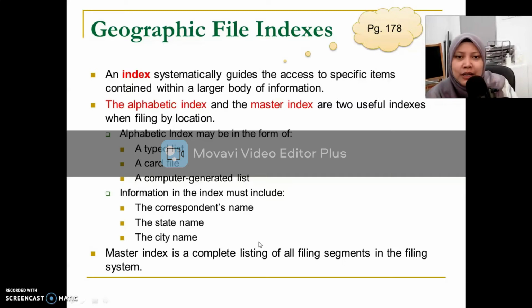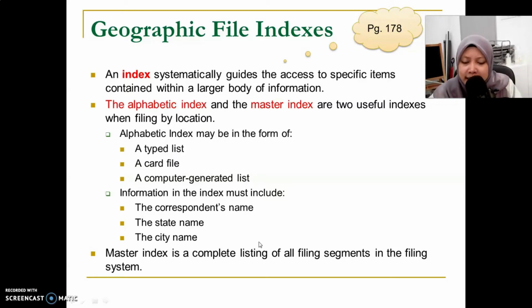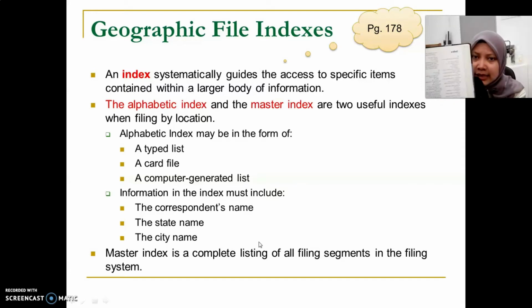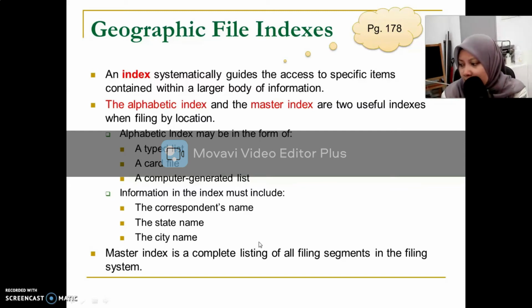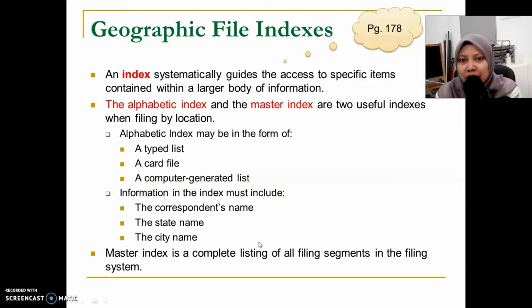I give you the simple indexes yang dekat dengan kita, which is the indexes yang ada dekat dalam buku you, at the back here. This is an example of the indexes in the textbook. For example, saya nak cari tentang accession log, kita belajar accession log. That is a component of consecutive numeric filing. So accession log, dia tulis dekat sini, definition on page 151.